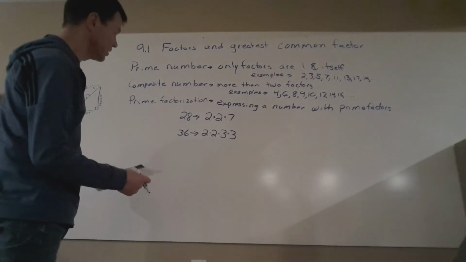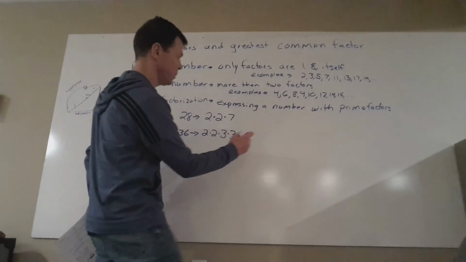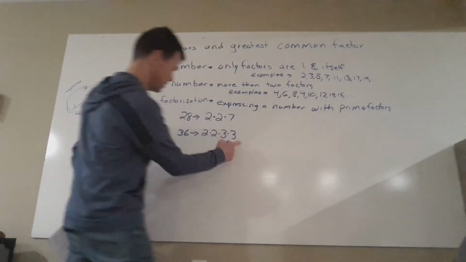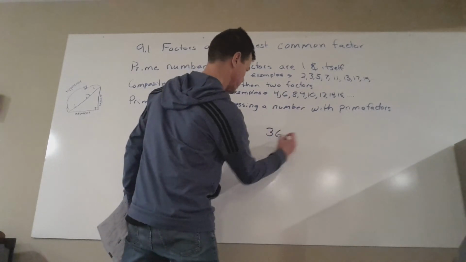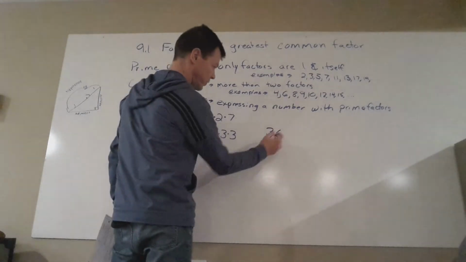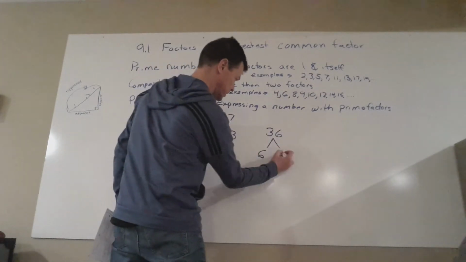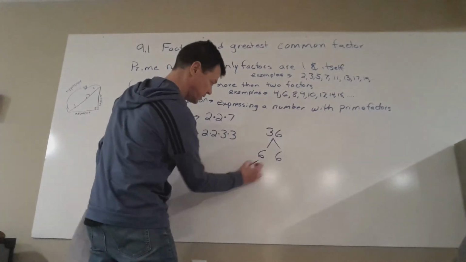Sometimes it might be easier to use a factor tree. I will show you how to use a factor tree using a number like 36. I just listed these off going off doing it in my head. But using a factor tree would look something like this for 36. Two factors of 36 would be 6 and 6. Neither of those are prime, both 6's are composite.